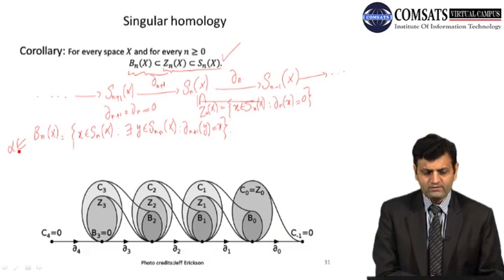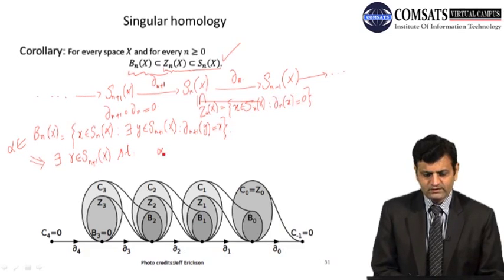Okay, since this alpha belongs to Bn of X, this implies there exists, let's call it gamma, belonging to Sn+1 of X such that alpha is equal to partial n+1 of gamma.